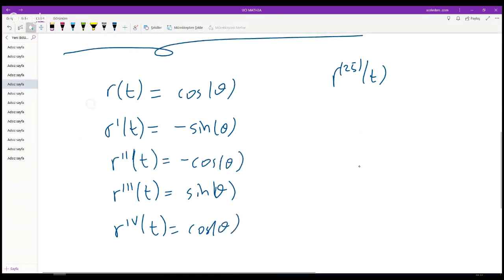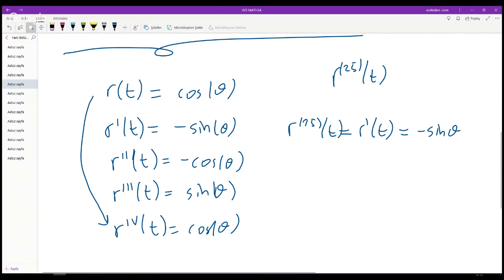Okay, so again, I've reached a cycle in 4 differentiations. Which means that the 25th derivative is exactly the same as the first derivative, which is minus sin theta. Okay? So that was another question and another answer. But the way of solving the question is exactly the same.